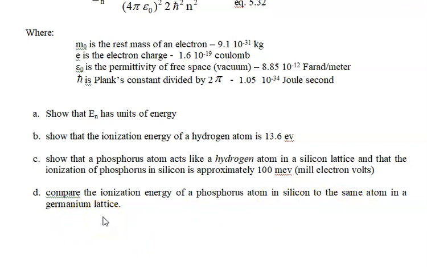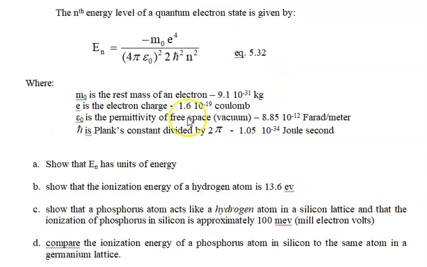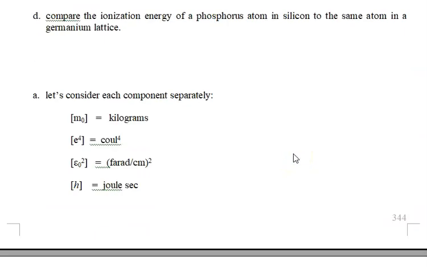In other words, we're going to take the same atom, phosphorus, and change its environment. Now remember that it was a lot easier to break apart sodium chloride in water than it is to break apart sodium chloride, or salt, in, say, canola oil. Environment counts. Here, environment is characterized by the permittivity. This is the environment, how easy it is to separate charge. Okay, so let's run through this relatively quickly.